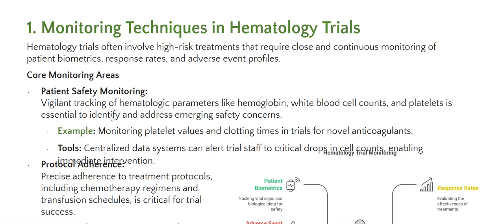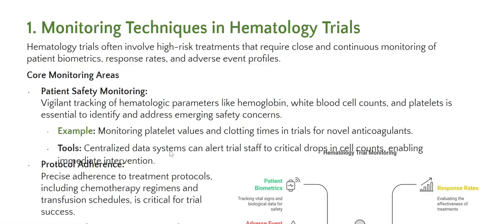Vigilant tracking of hematologic parameters like hemoglobin, white blood cell counts, and platelets is essential to identify and address emerging safety concerns, for example, monitoring platelet values and clotting times in trials for novel anticoagulants.